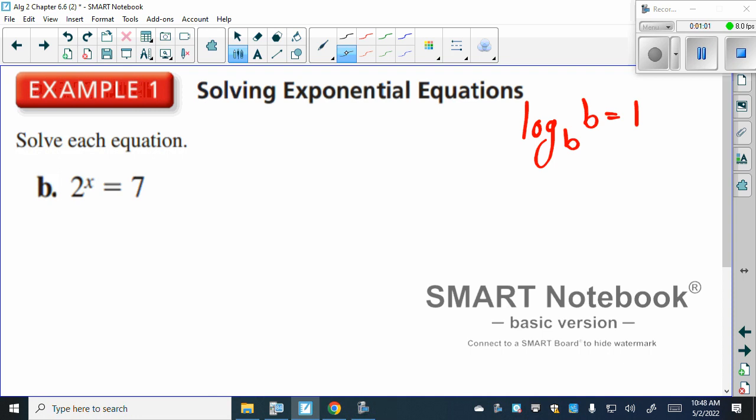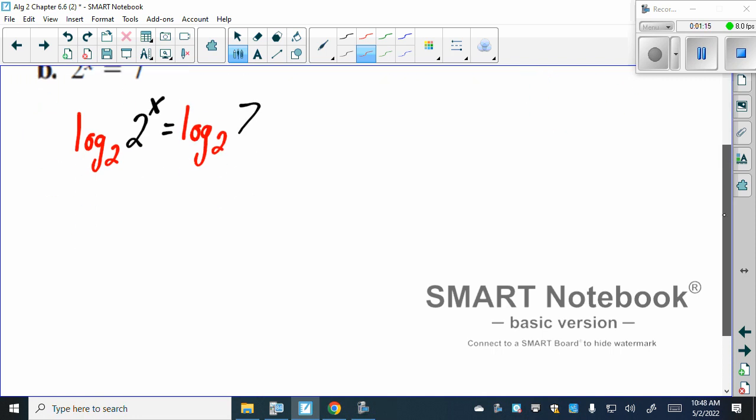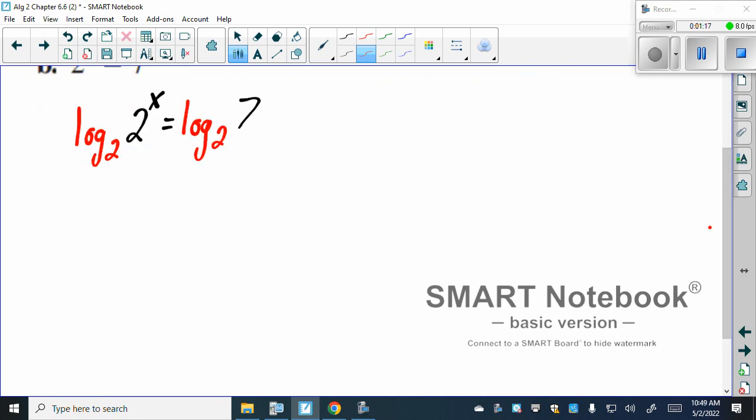So what we can do is take 2 to the x and 7, and apply log base 2 to both sides. So what we get is log base 2 of 2 to the x is equal to log base 2 of 7.